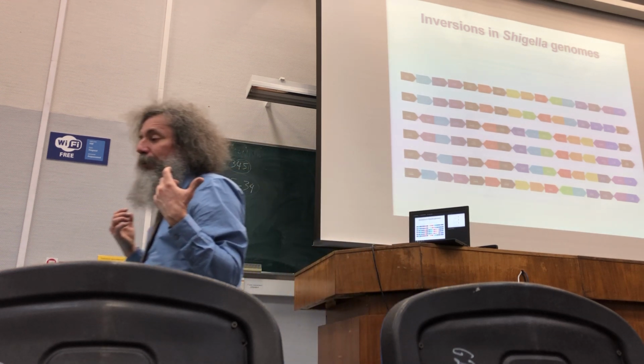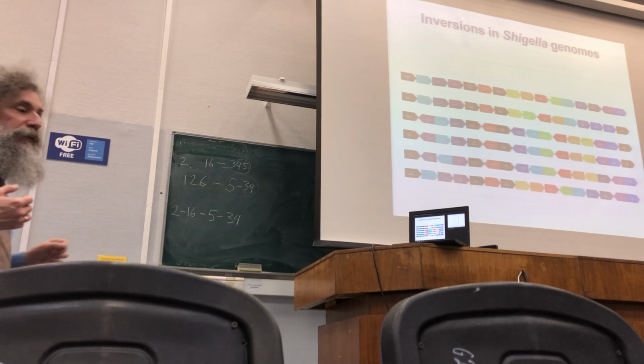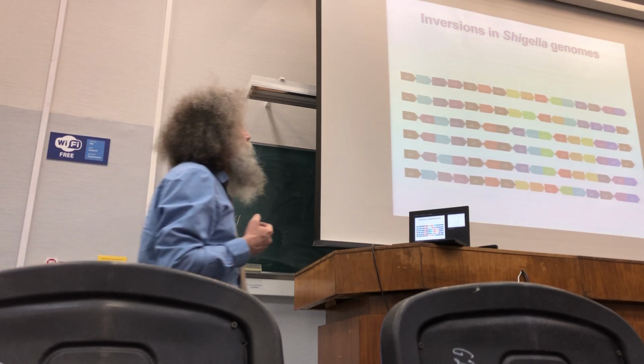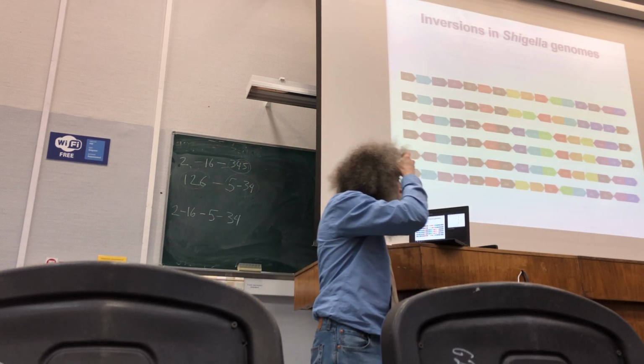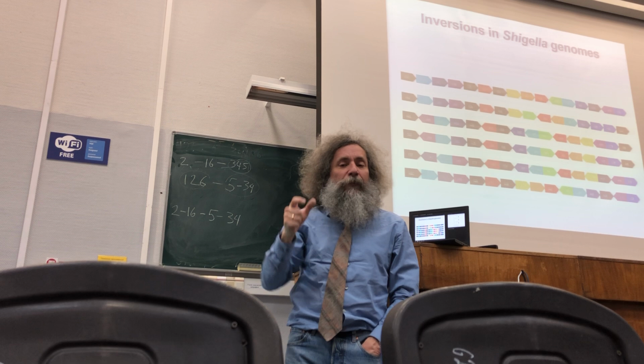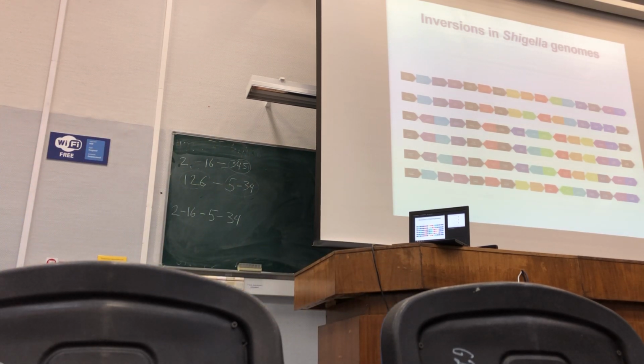In fact, it didn't happen. And we actually already had seen the reasons for that even in this simple slide. It didn't happen because actually the breakpoints of inversions are reused. They might be used in several different events on several different lineages.